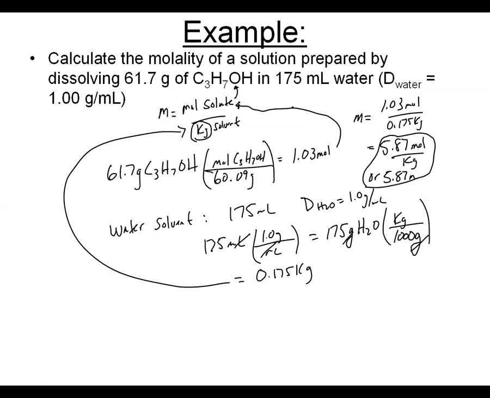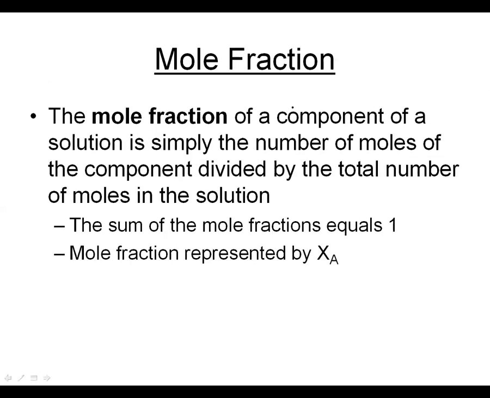Okay. Now, mole fraction, we talked about when we did gases. So this is the same mole fraction as what we saw earlier. And that is we add up all the moles that are present and we divide the moles we're interested in by the total moles. So remember, mole fraction is that X. And basically you take the moles of A divided by the total moles in a mixture.